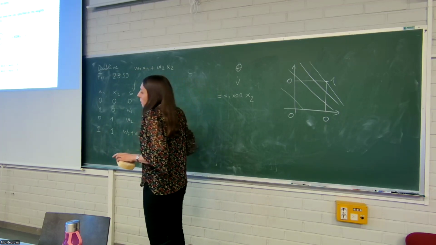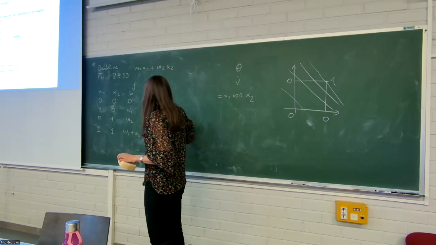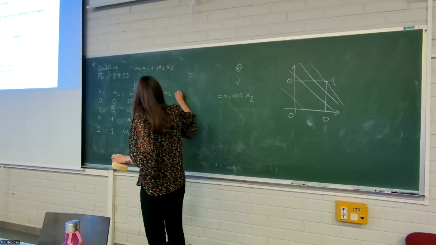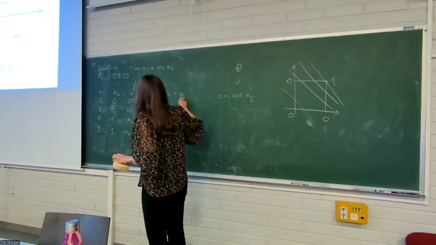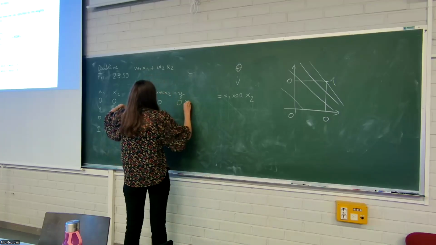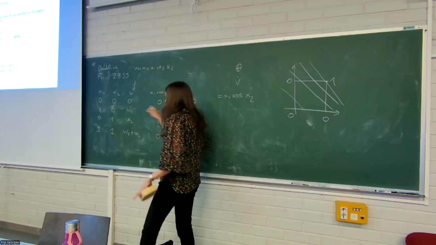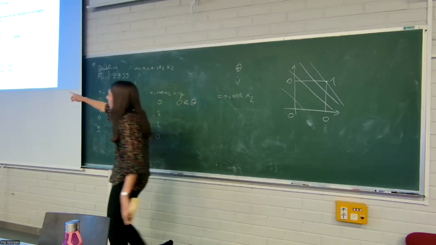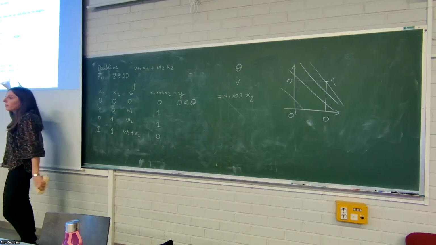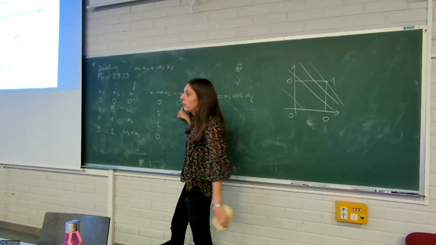If this corresponds to the output of the perceptron, so if this is equal to y, the output of the perceptron, then this 0 was smaller than theta, because I output 0 whenever the sum is smaller than theta.